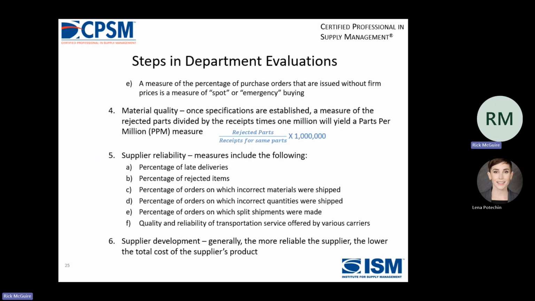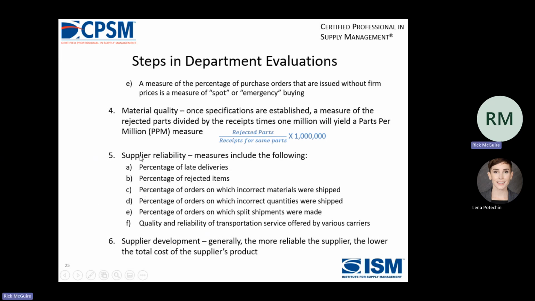Material quality, once specifications are established, measure of the rejected parts divided by the receipts gives you your parts per million, or PPM. It's rejected parts divided by the number of receipts for the same parts times a million. Quick shorthand for quality.